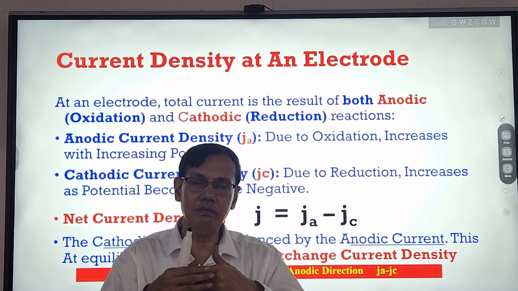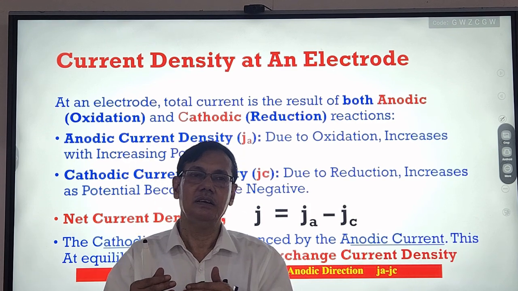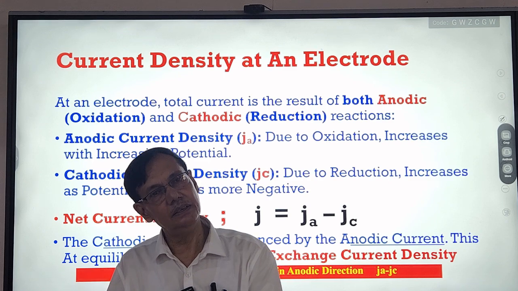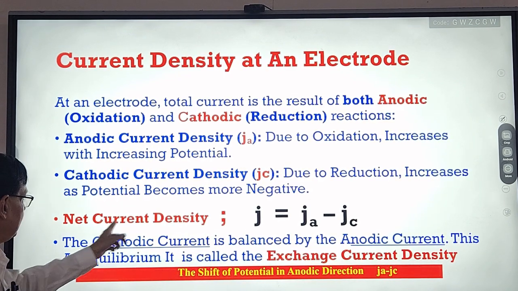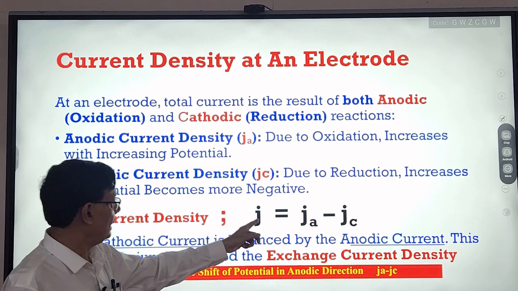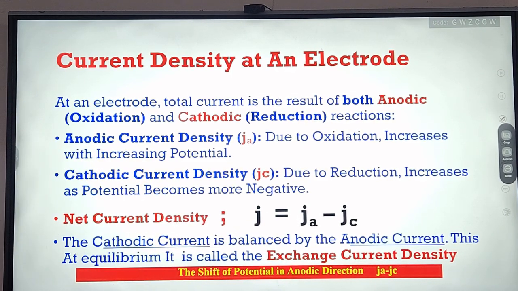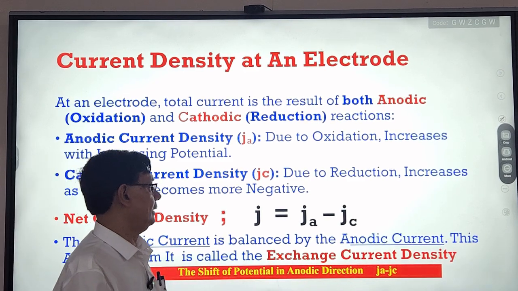And at equilibrium, you know that JA is equal to JC. So net current density is equal to JA minus JC. Due to oxidation, the anodic current density increases with increasing potential, and the cathodic current is balanced by the anodic current.